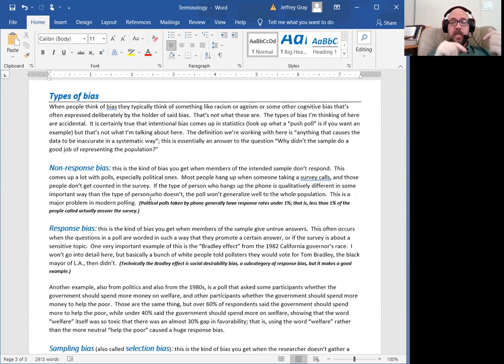The kind of bias I'm talking about here is anything that causes your sample to systematically under or over measure your results, makes your results systematically too high or too low or off in some way.